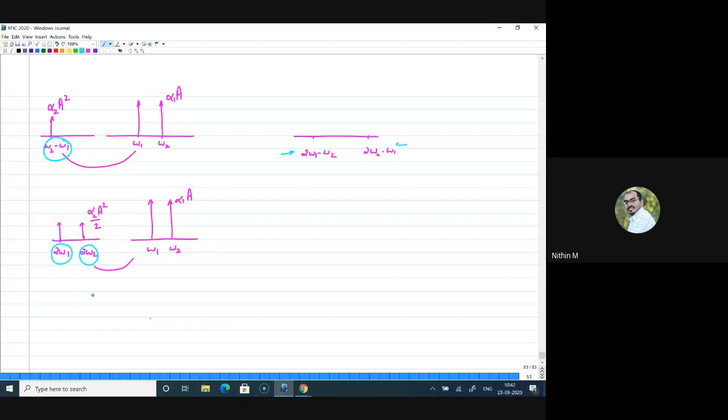So I have alpha 1 a cos omega 1 t, which is multiplied by, that is, the fundamental term will get multiplied by the intermodulation term with an amplitude alpha 2, right?